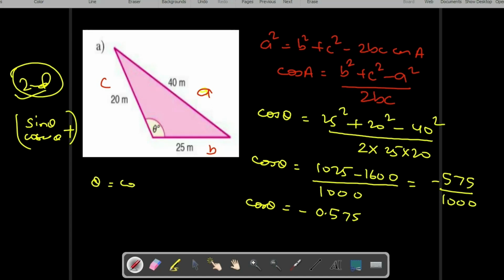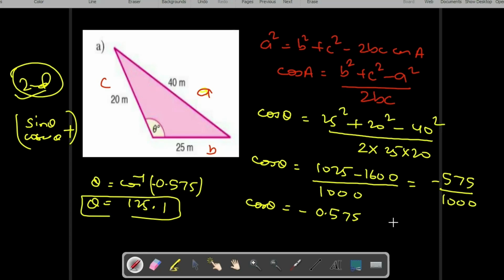So theta equals cos inverse of minus 0.575, which is 125.1 degrees. That's why it is greater than 90. Or if you directly take the positive one, theta equals cos inverse of 0.575, which is going to be 54.9.